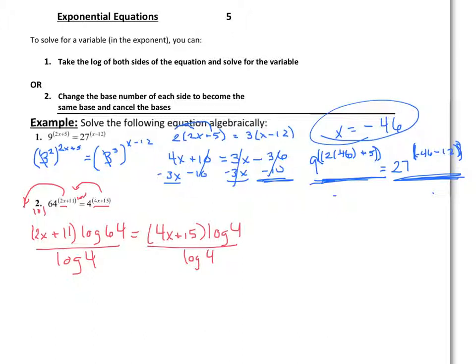So if I type in my calculator, log of 64, make sure my parentheses close, divided by log of 4, that will reduce down to 3, so I have 2x plus 11 times 3 equals 4x plus 15. So I want to distribute my 3, so I get 6x plus 33 equals 4x plus 15.